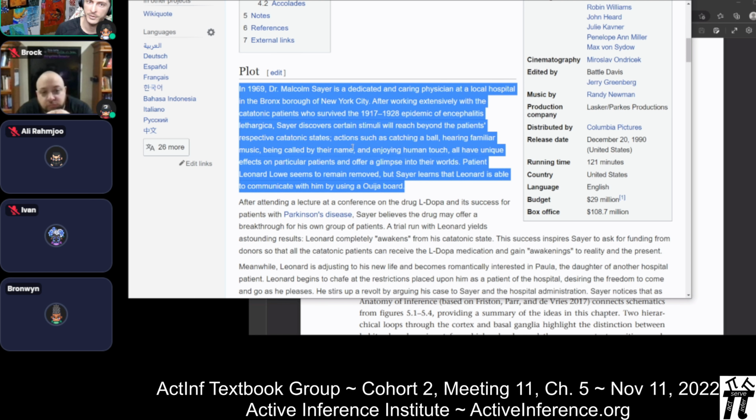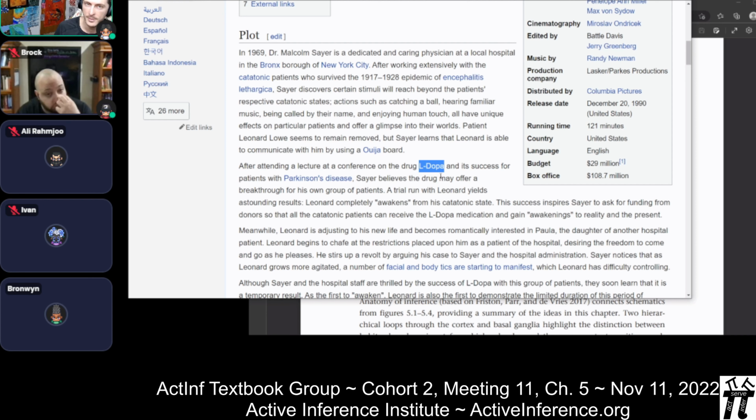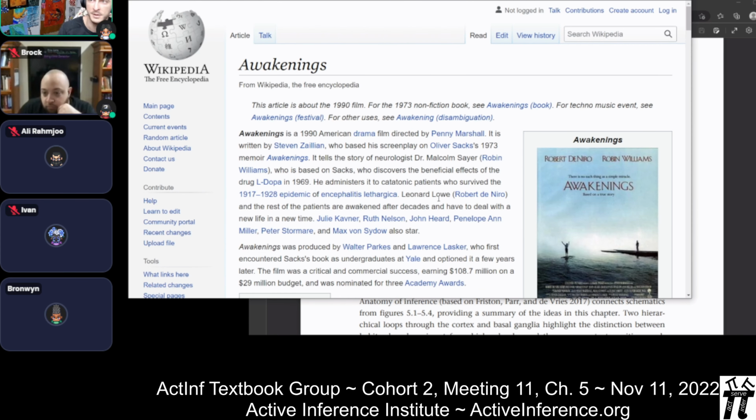Dopamine does not cross the blood-brain barrier in mammals. However, L-DOPA does. And then that awakens people, but it shows some of the motor and cognitive consequences of hypo and hyperdopaminergic signaling.